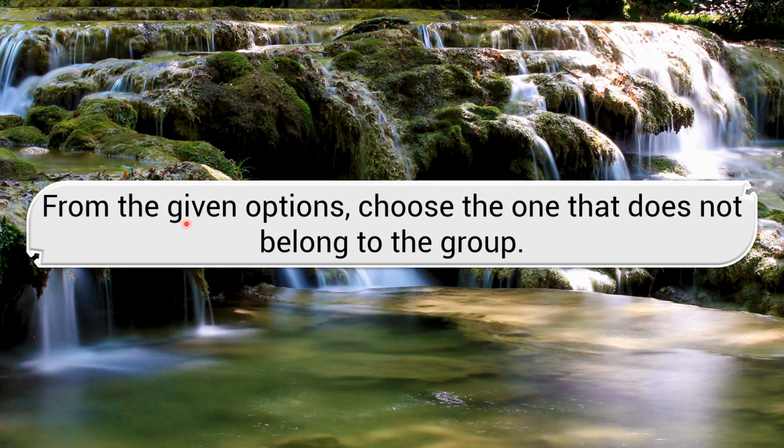From the given options, choose one that does not belong to the group.